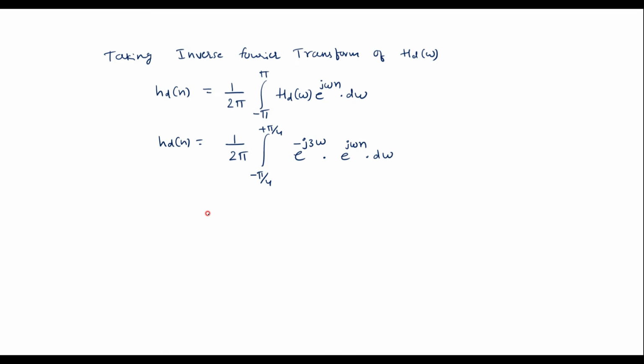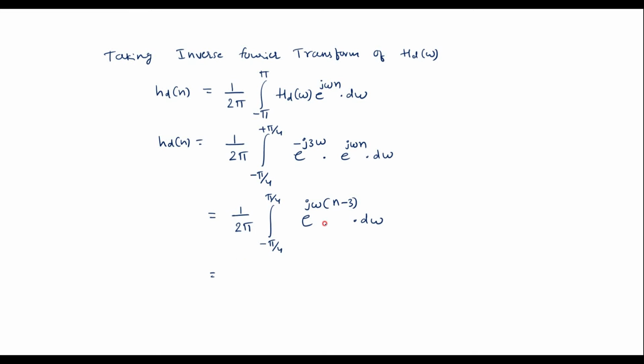We'll simplify this further. That is 1 over 2 pi integration from minus pi by 4 to pi by 4. Here I will take e power j omega common, e power j omega into n minus 3, d omega.